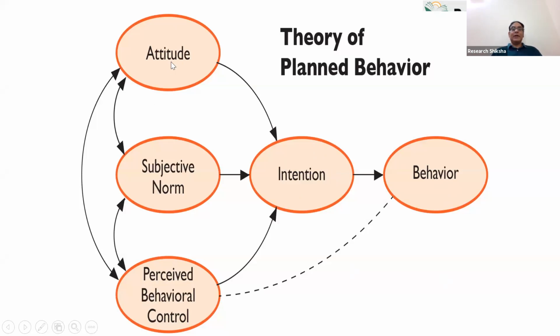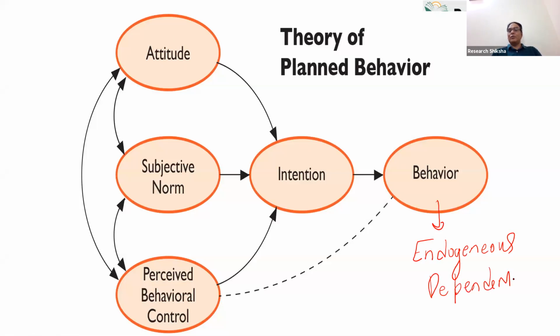So in this case, the one thing I am also telling you, this variable behavior, we call it endogenous or dependent. Basically we call endogenous. The word dependent we don't use, but for the layman I am explaining, this is the endogenous construct, and this construct we call the mediating construct because it comes in between.